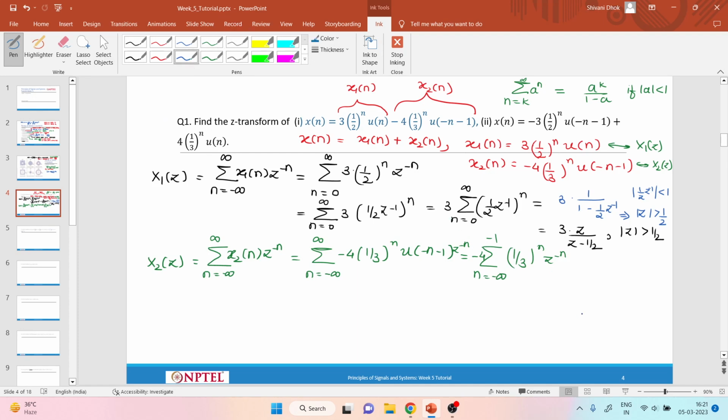Now I'll change the variable. I'll put m equal to minus n.